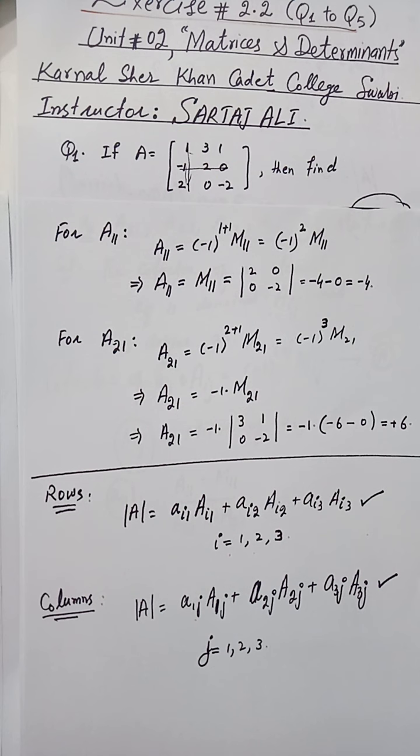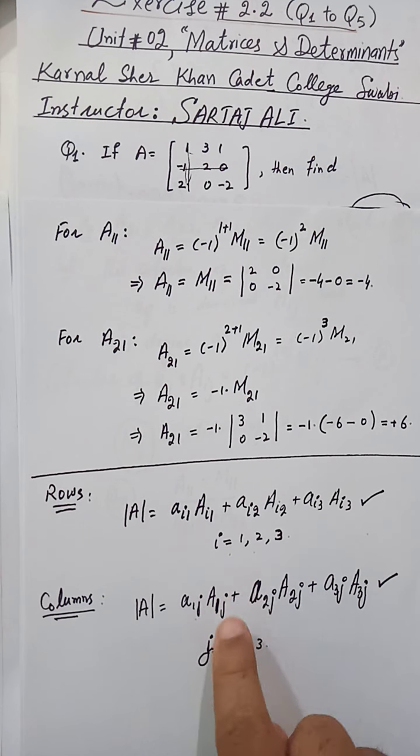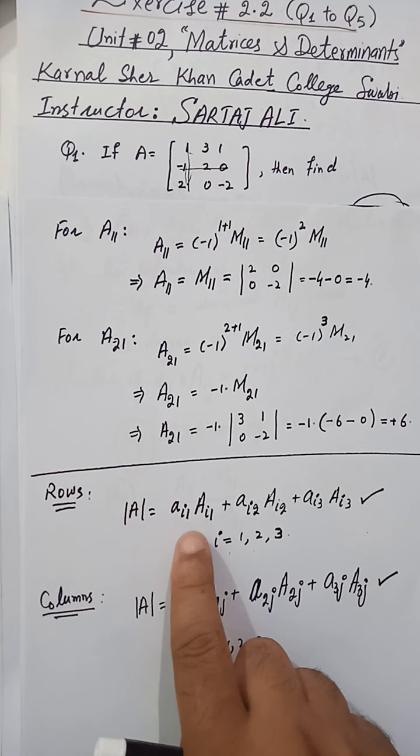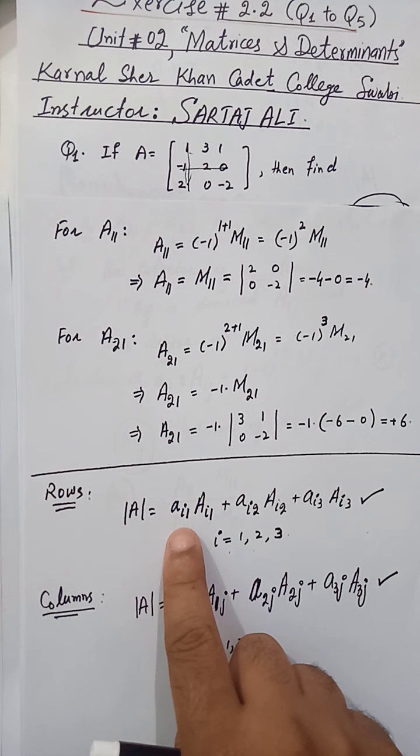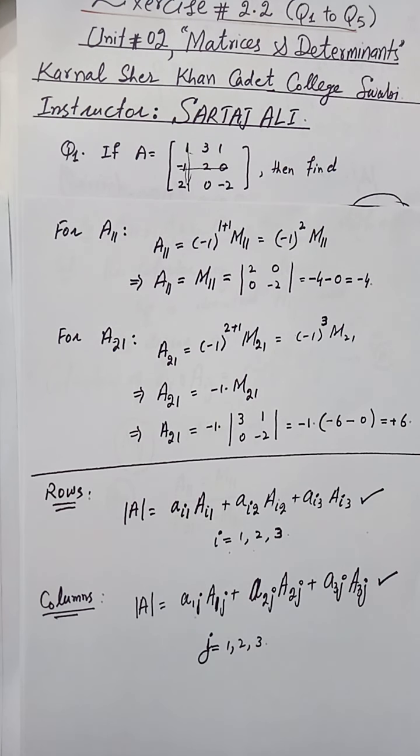It will reduce the calculation for you, because in each formula the cofactor is multiplied by the element. So if the number of zeros is maximum in a row, you don't need to find the cofactor of those elements which are zeros in the given matrix.